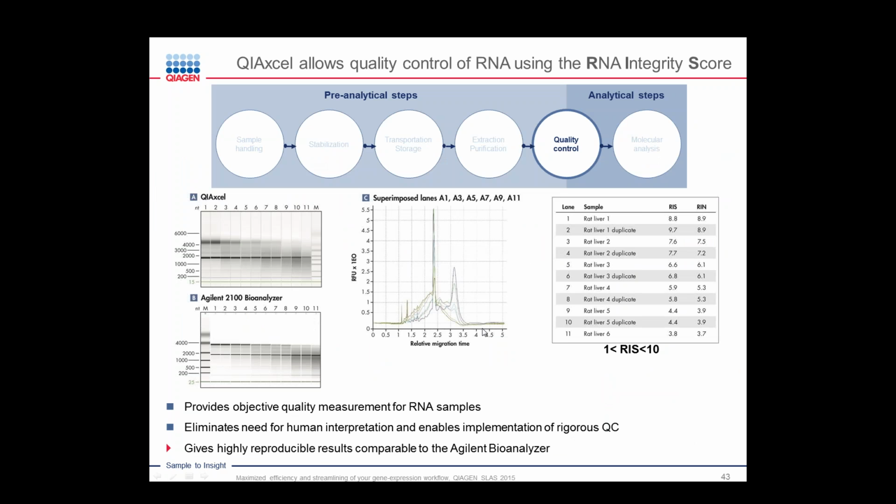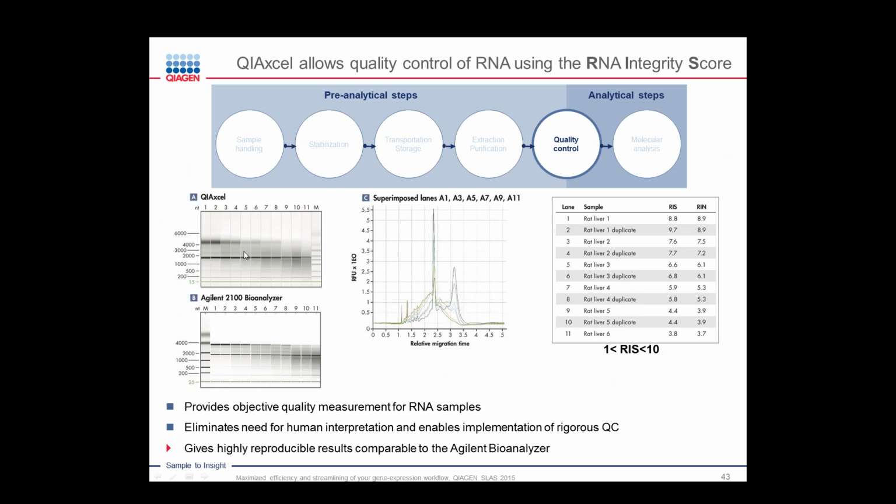This is another example I would like to present. Total RNA was extracted from rat liver samples using the RNeasy Plus Mini Kit and subjected to different decomposing conditions, meaning the RNA was degraded in an artificial manner.